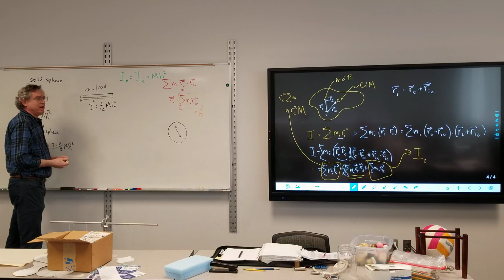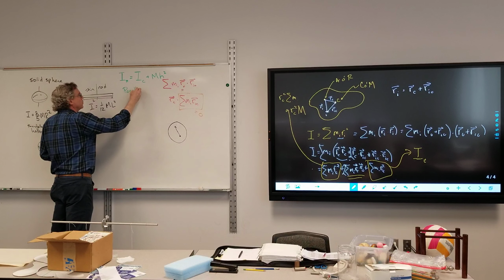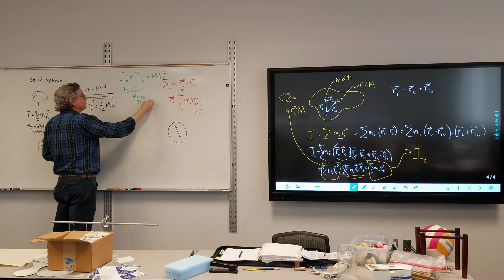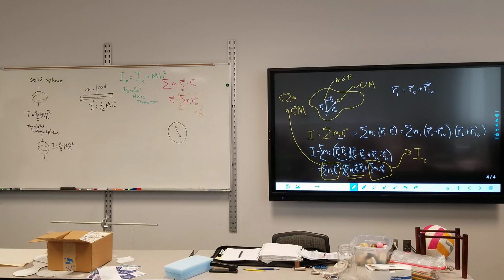This is known as the parallel axis theorem. Not sure why it's a theorem, but it's called the parallel axis theorem. I feel like it should be the parallel axis definition.